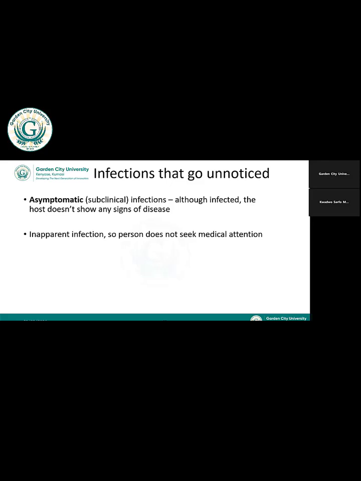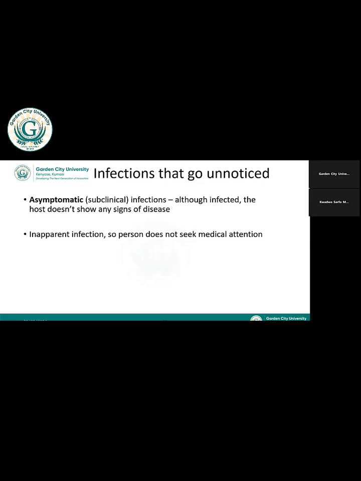So you could have an infection, microorganisms are multiplying, invading the tissues or the organs, but the host does not show symptoms. And such people do not go to the health facilities for treatment because they don't feel any need to go. So these are termed as asymptomatic or subclinical infections.